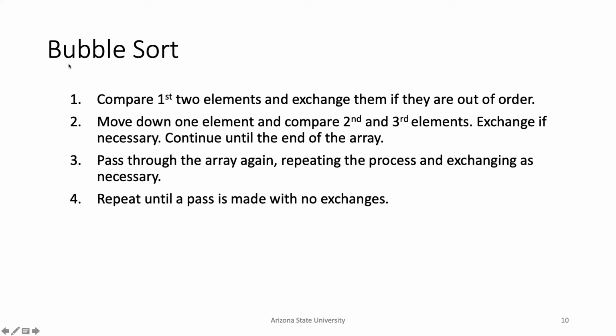So bubble sort, I'm not going to go over everything now, but the idea is we have some things in this vector. Instead of thinking of it horizontally, think of it vertically. In bubble sort, we want the small bubbles to float to the top and the heavy bubbles to sink to the bottom.